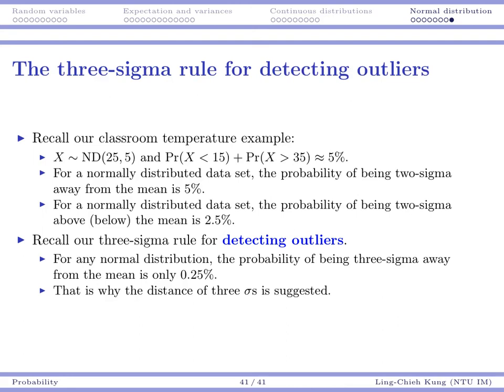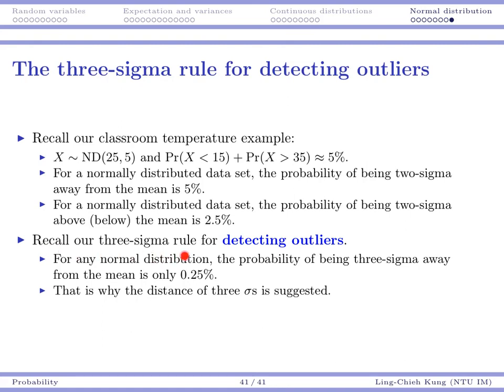If we are only talking about one tail, being above or below the mean, then the probability would be half of 5%, so that's 2.5%. So if we are considering the probability for a value to be 2 sigma away from the mean, it's not so likely.